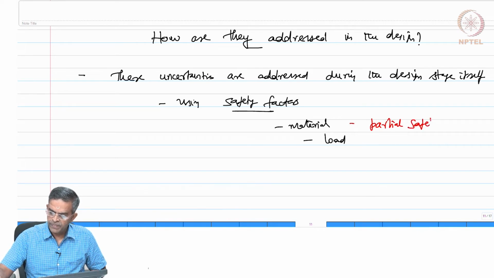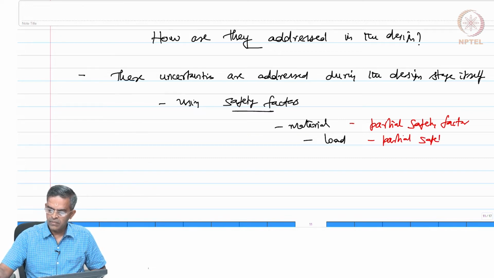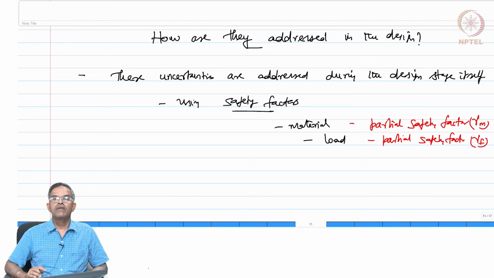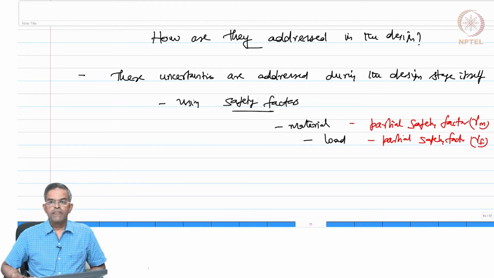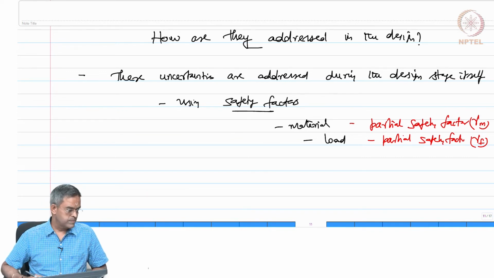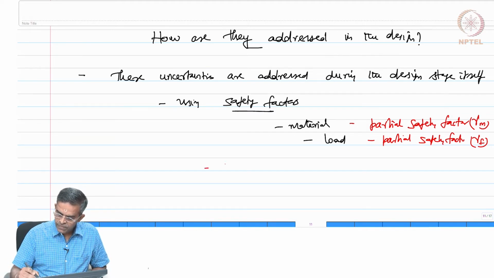Okay. So, this is gamma m, this is gamma f. So, m stands for the material and f stands for the forces, that is, the load.